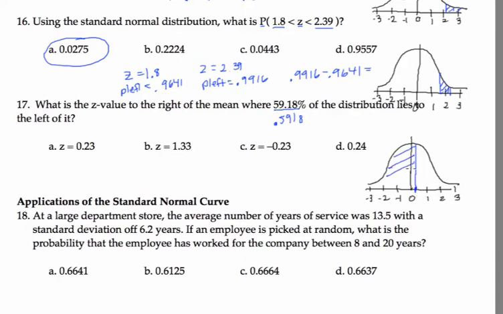And that will mean that this is 0.5918, so this is my probability. And then I'm looking for the z-score that goes with that. So I go to my table and I look in the middle numbers and try to find 0.5918, or as close as you can get to it. Then look at the z-scores on the outside and find the z-score that matches up with that. When you do that, you get a z-score of 0.23.